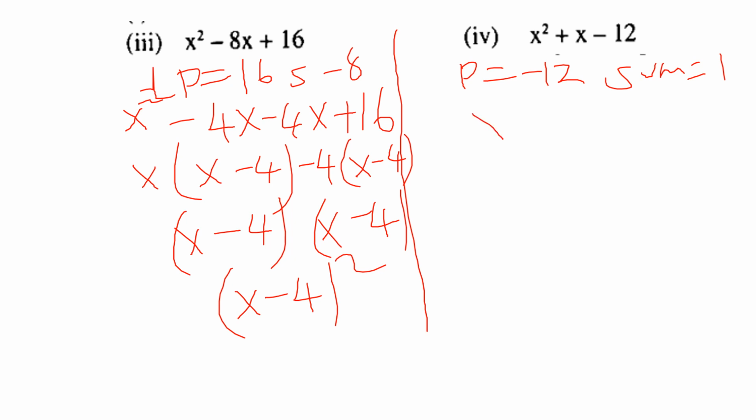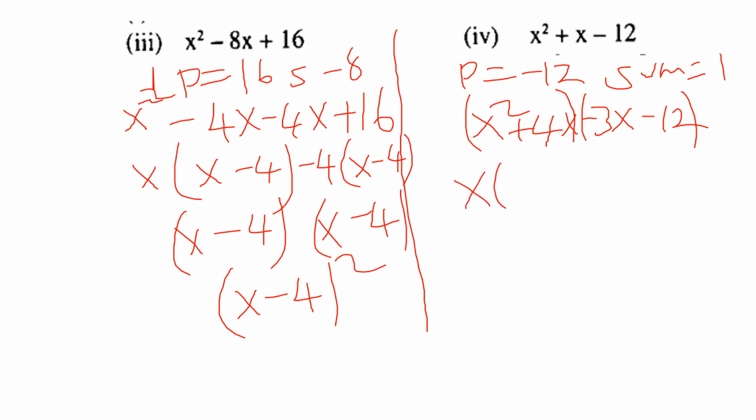So I'll have x squared, then plus 4x, then minus 3x, then minus 12, like that. Then I can factorize these, so that here I have x and I'll be left with x plus 4, and here I have negative 3, so I'll be left with x plus 4.